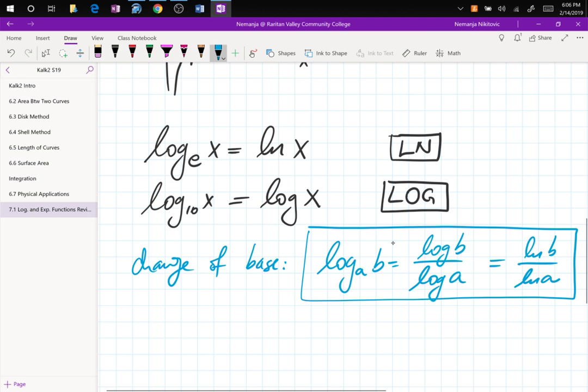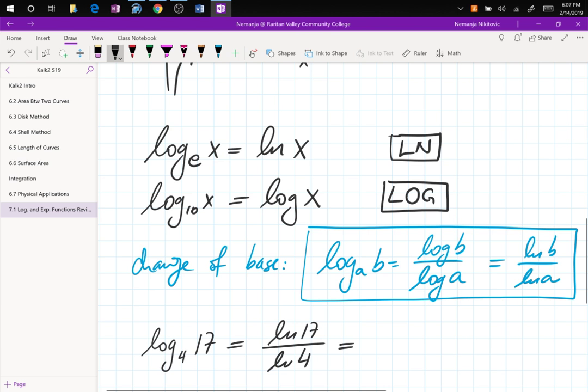So if you are in a calculator trying to compute log base 4 of 17, you won't be able to type it in this form. So you will use ln 17 divided by ln 4. And then make sure you put the parentheses properly, and you should be fine.